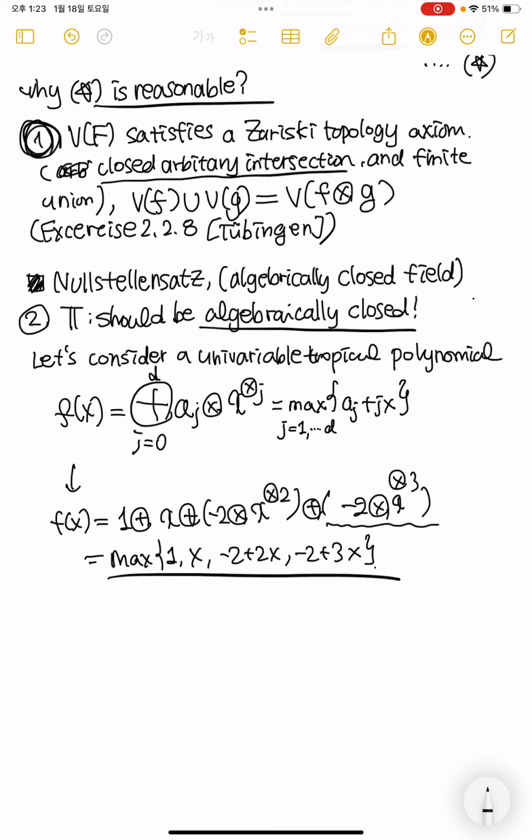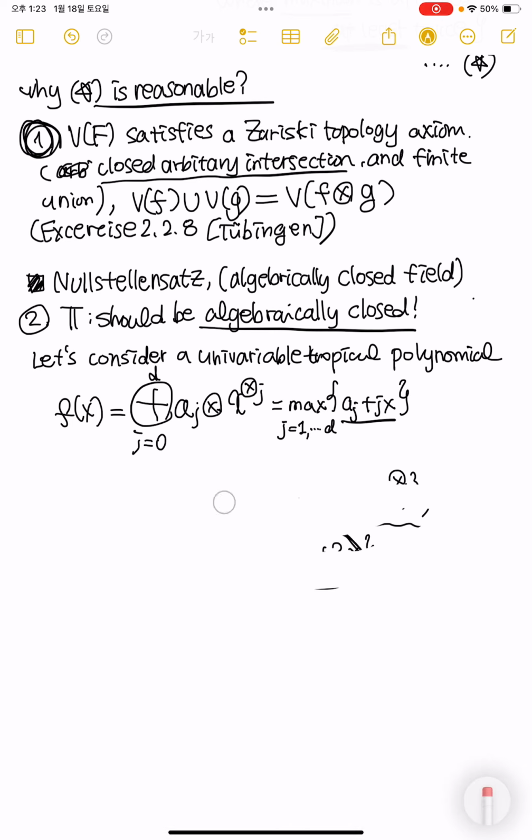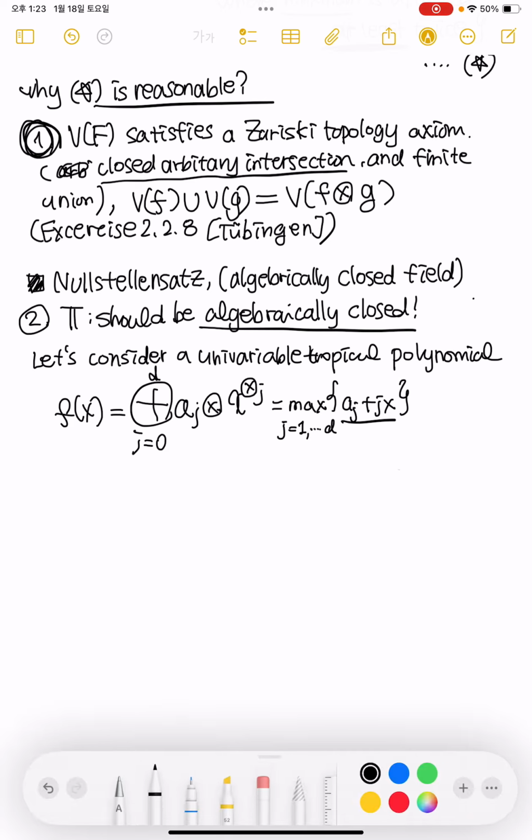So, when generally, the maximum term like this. We can generalize in case of a univariable polynomial, we can generalize like this.